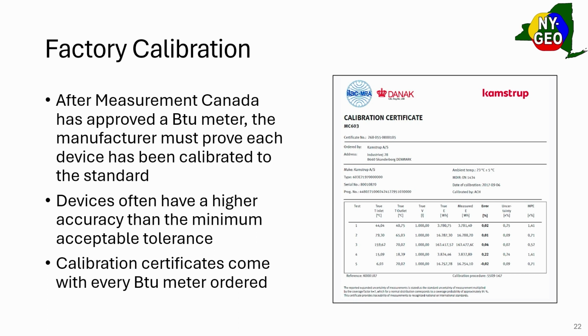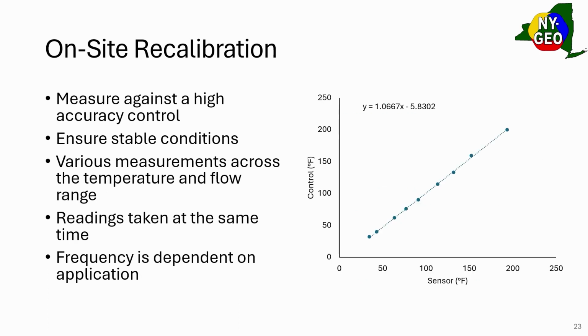What you'll often find, which is good, is that these devices often have a higher accuracy than the minimum acceptable threshold, and you can look at the certificate to see what that accuracy is. That's important because you can have some confidence with this device. But as we alluded to before, there is some concern with temperature sensor drift over time.